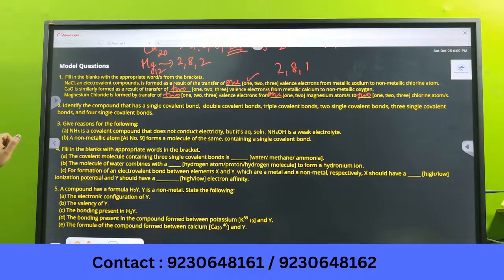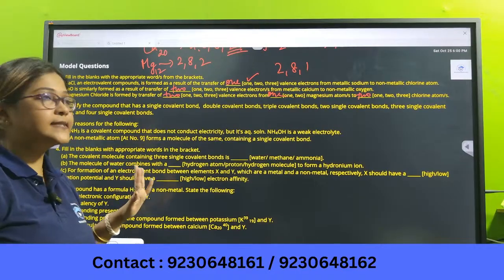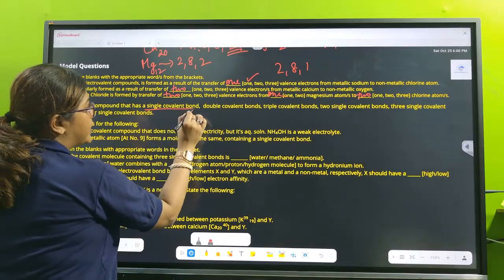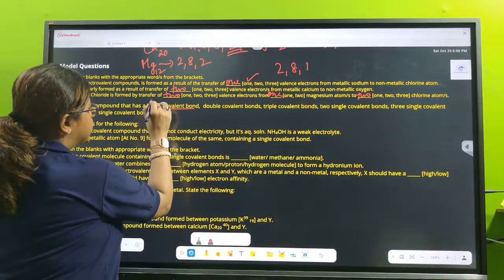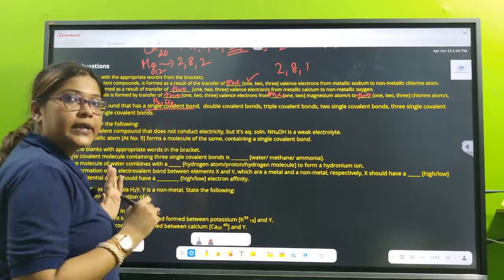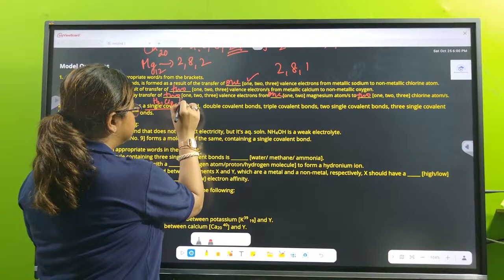Now, identify the compounds that have a single covalent bond. If you are asked for a single covalent bond, an example can be hydrogen chloride, HCl.